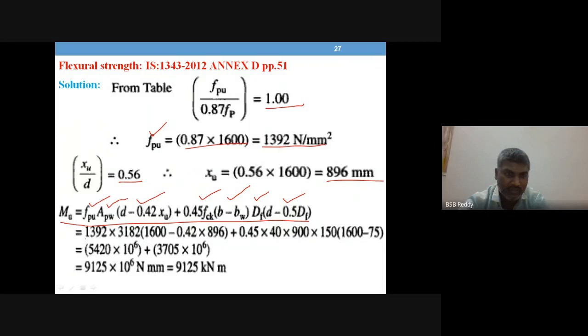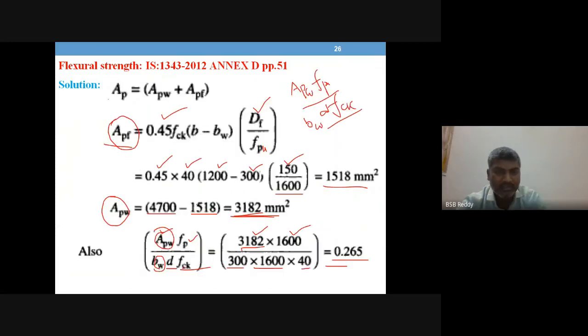So substitute all those values. For FPU, whatever you read from table 11 of IS code, 1392. APW, which is the calculated area of prestressing steel for web, calculated from AP minus APF.